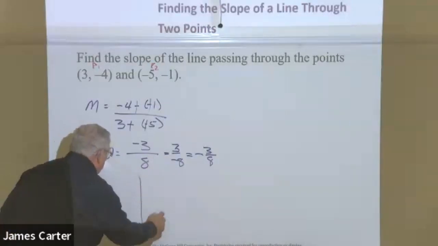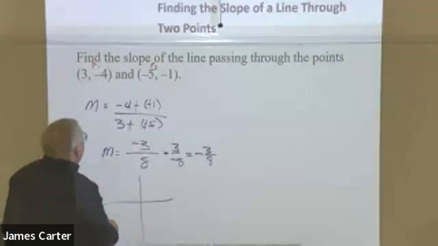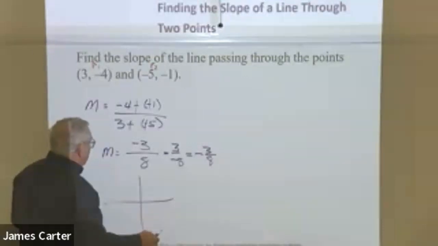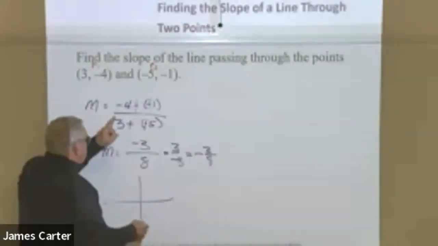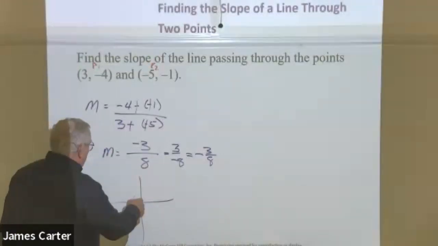Graph paper. Okay, we know that our slope is this. Now, I'm just arbitrarily picking a point right now. This is not true to this equation, because we're not ready to do that yet, but I'm just going to pick this as a starting point.